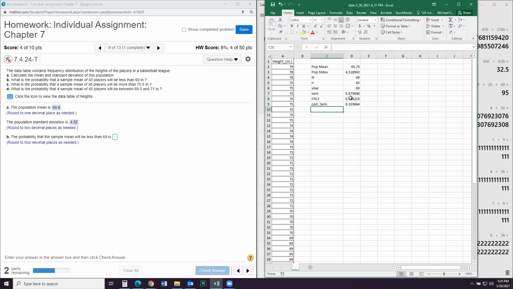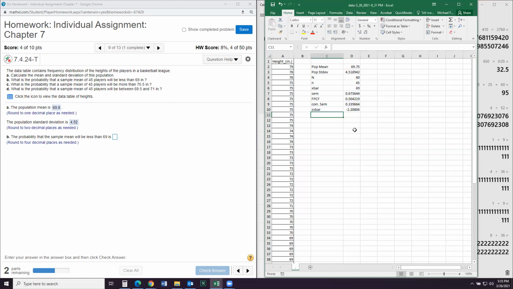So now that we have our corrected standard error of the mean, we can calculate the z-score. And I'm going to call this the z of x bar, or the z-score of a sample mean of 69. So the z-score is just going to be x bar minus the population mean, divided by our corrected standard error of the mean.